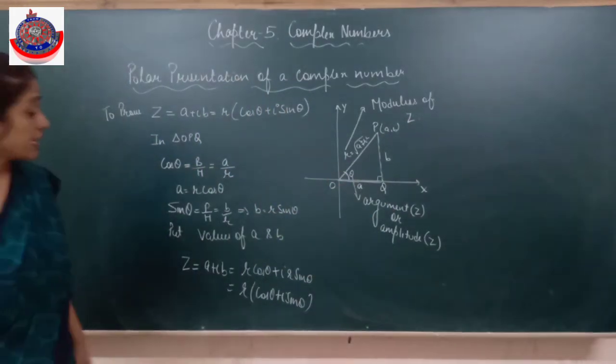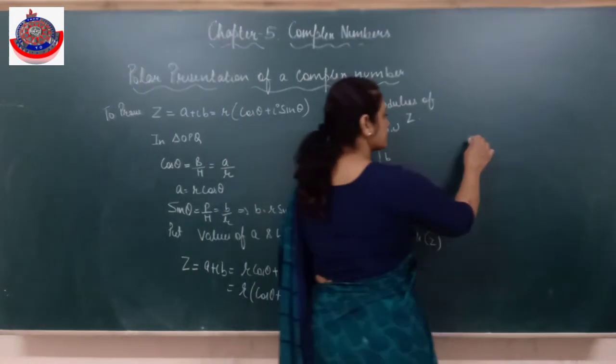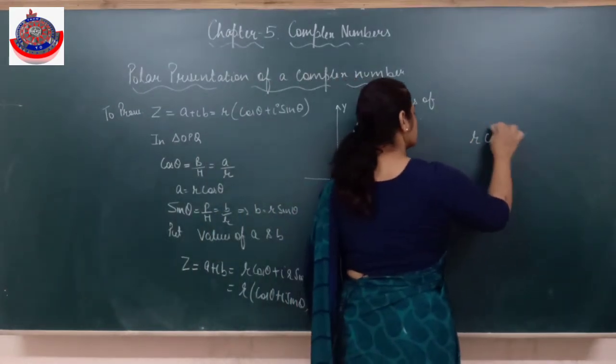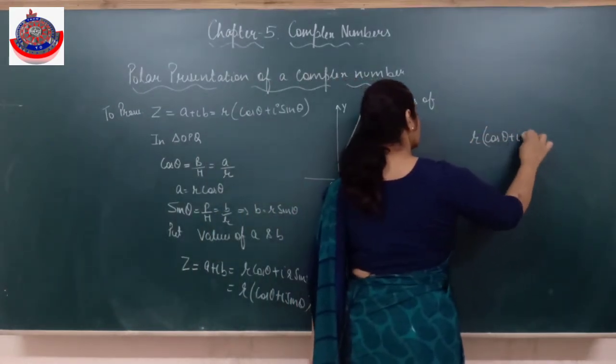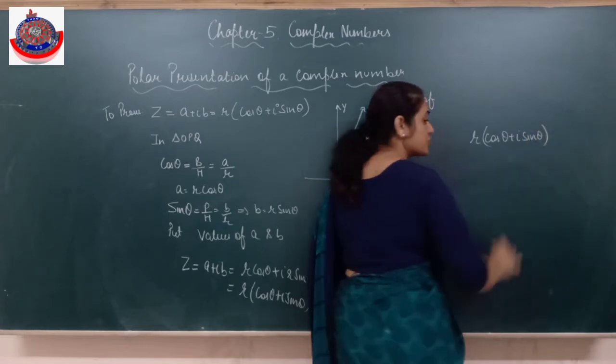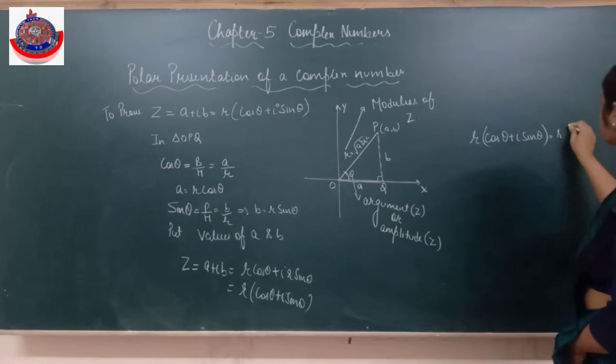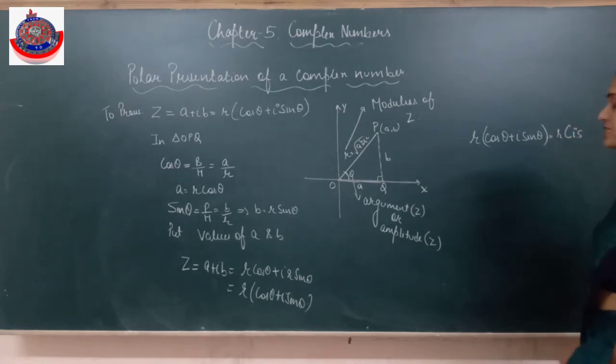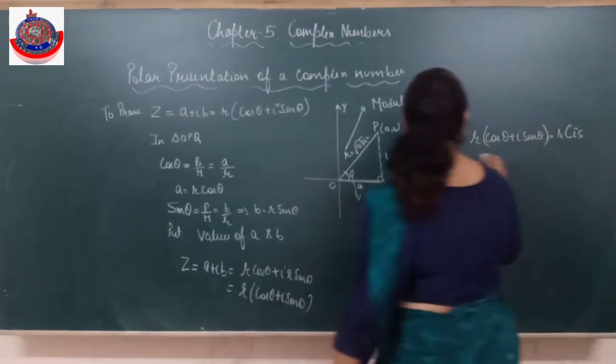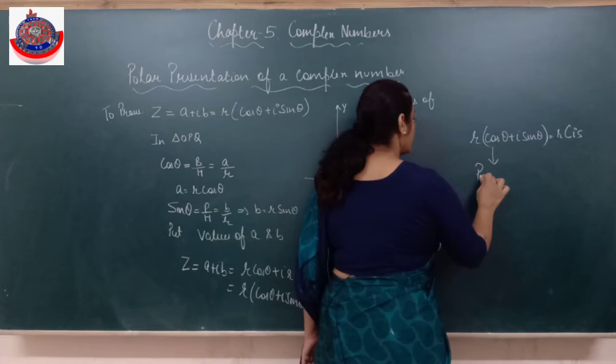Is it clear? Sometimes we use a shortcut word for this: r cis theta, CIS, meaning cos theta plus iota sin theta. Is it clear? This is called polar form.